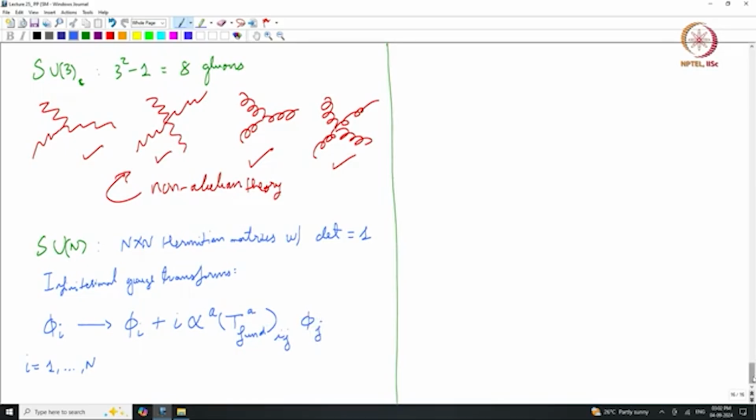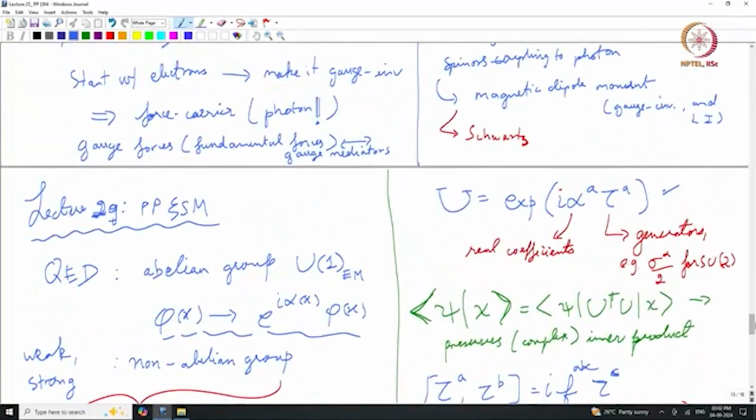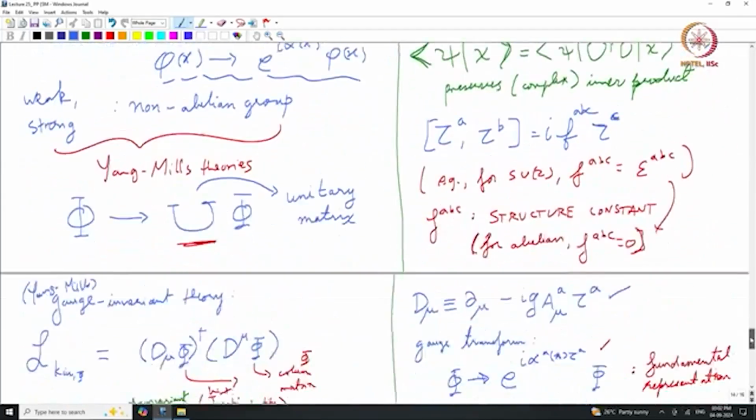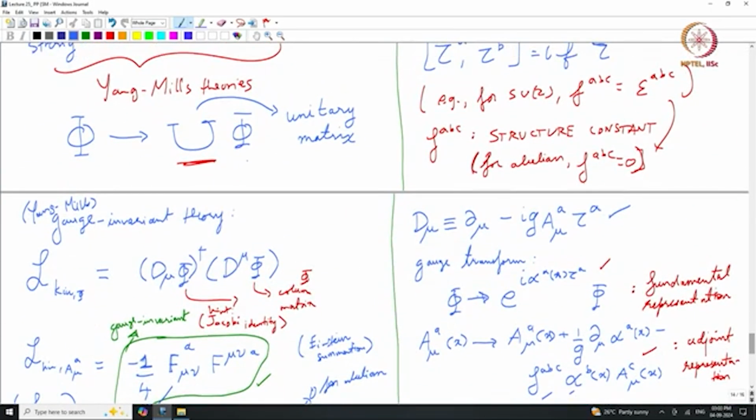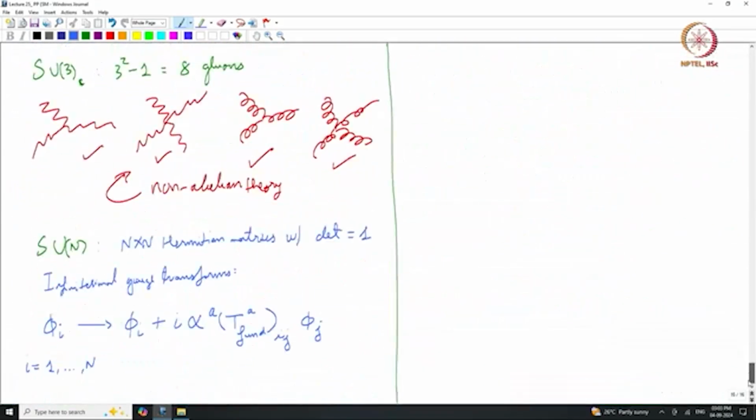All I have done now is taken this transformation, written it in linear order, and put in these indices. So here is the transformation. The capital phi is composed of phi 1, phi 2 up to phi n. That is just what I have written down, but up to linear order.